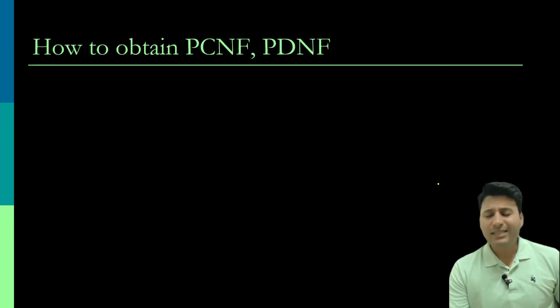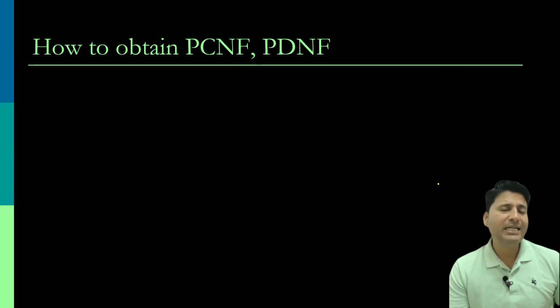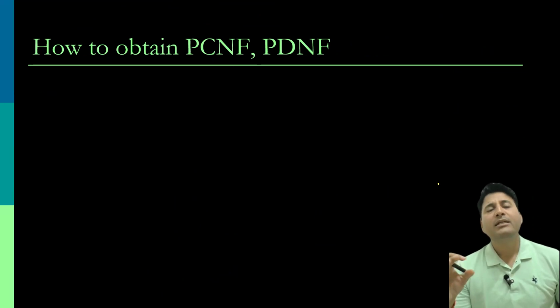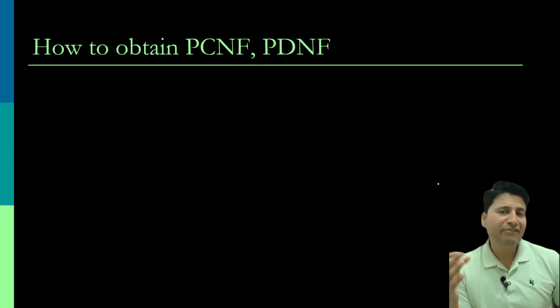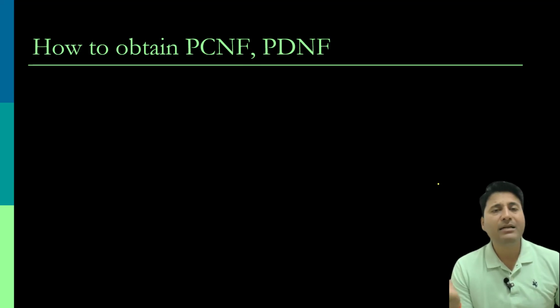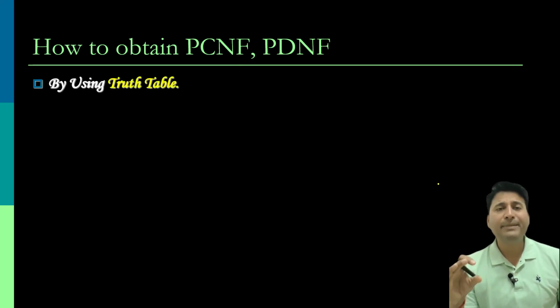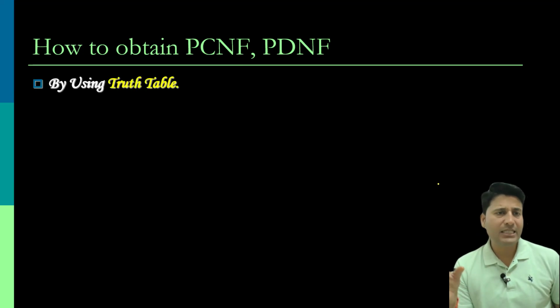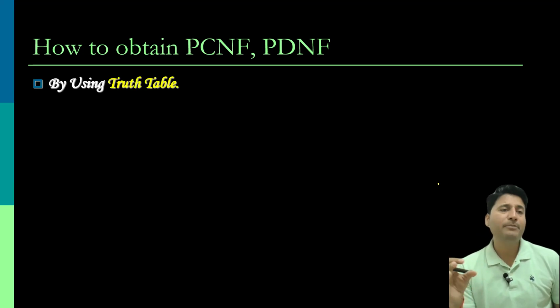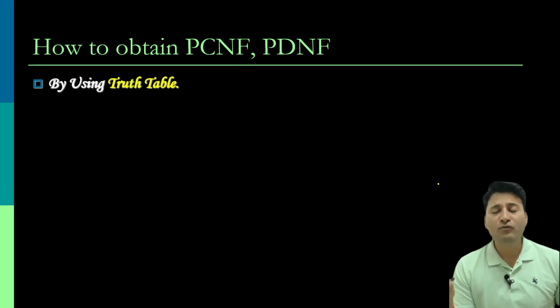Okay, so let us take some examples of how exactly we can obtain PCNF and PDNF for a given compound proposition. If a compound proposition is given, we can find the PCNF or PDNF corresponding to it in two ways.